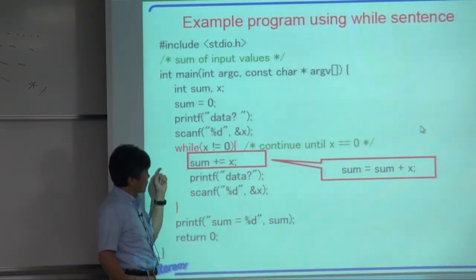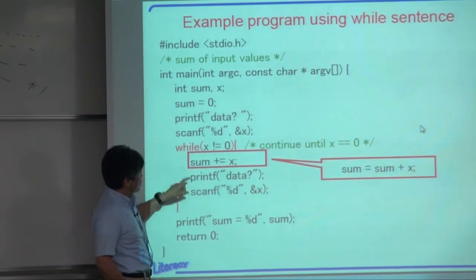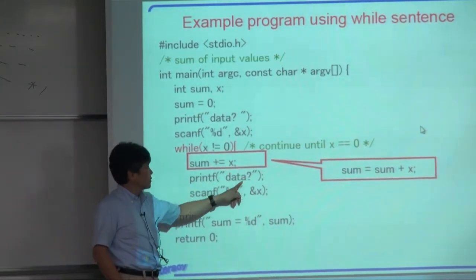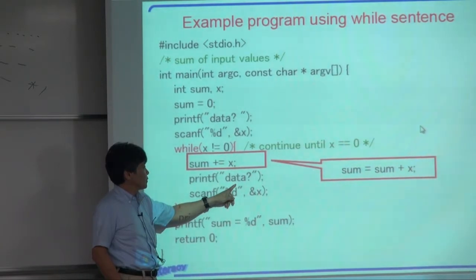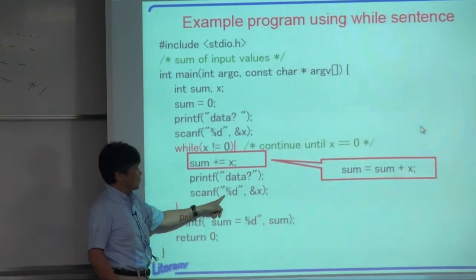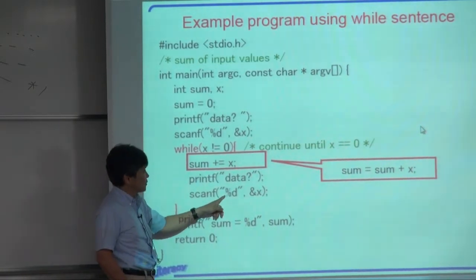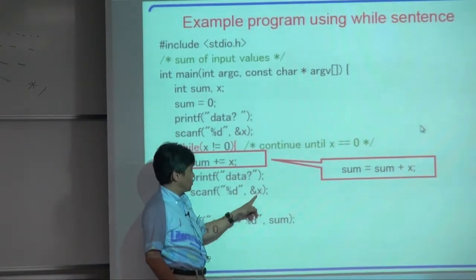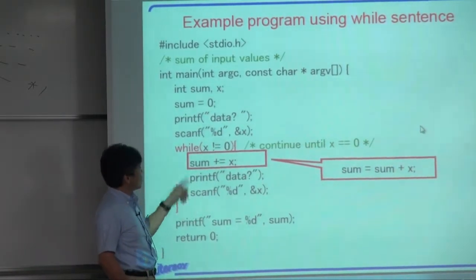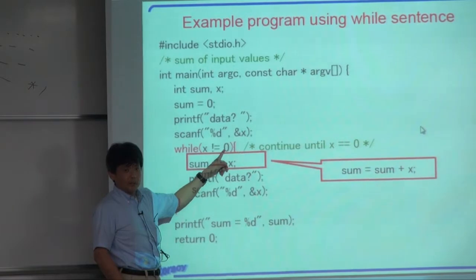Then this program also outputs the question string on the computer screen like this. Then using scanf, you can enter any value for the x variable like this. After that, this condition will be evaluated.